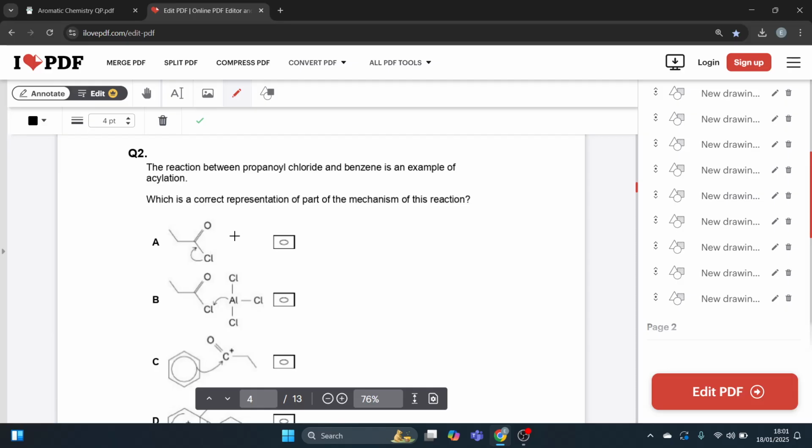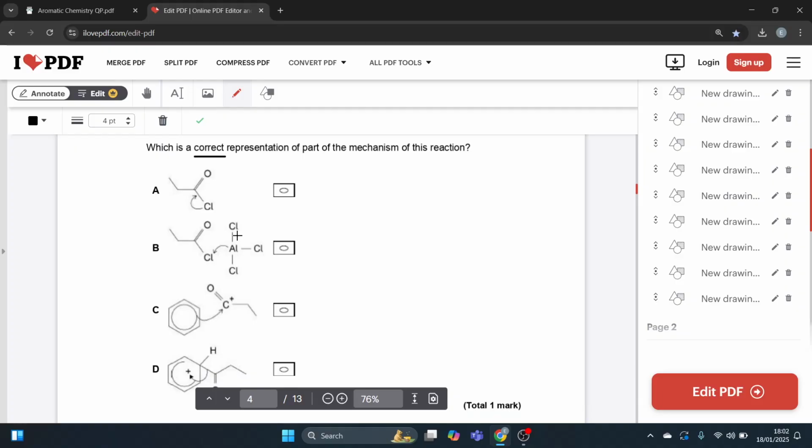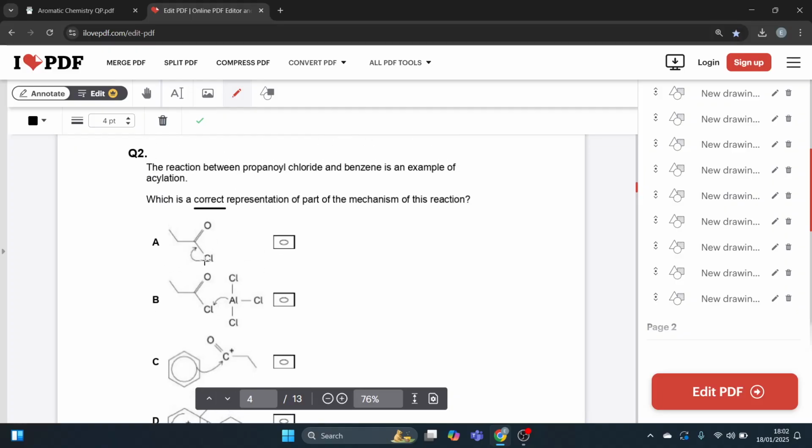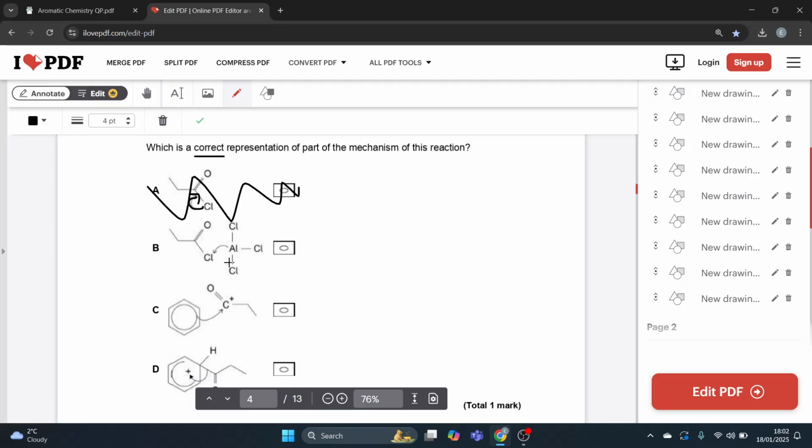Question 2. The reaction between propanoyl chloride and benzene is an example of acylation. Which is the correct representation of part of the mechanism of this reaction? No, it's going from chlorine to the middle of this. B, it does look correct, but if you remember, it's actually like this: AlCl, Cl, Cl.